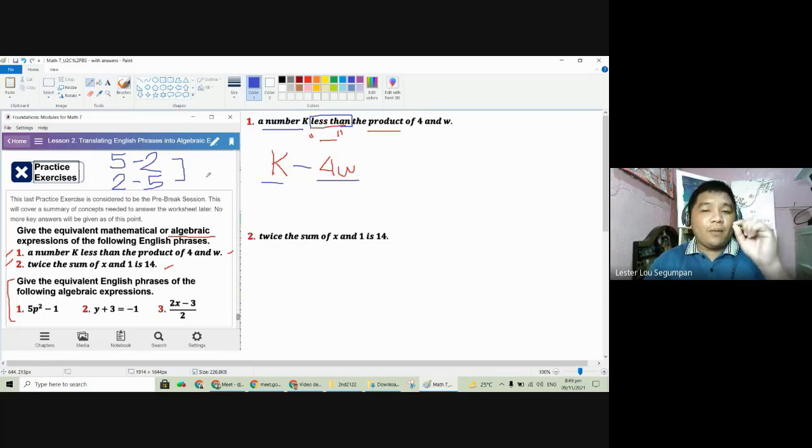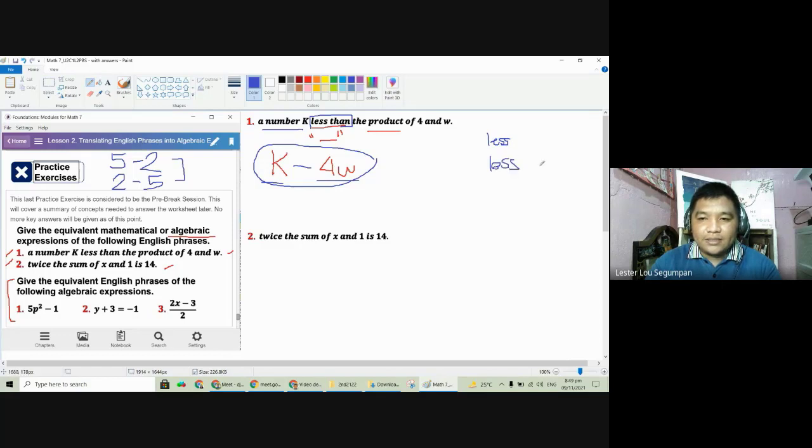This would mean that if we talk about subtraction operations, just like in number one, we need to be vigilant on the correct operations. My point here is this: it may look like this algebraic expression, but the term less than is different from the term less. The term less than is actually the same as the keyword from.